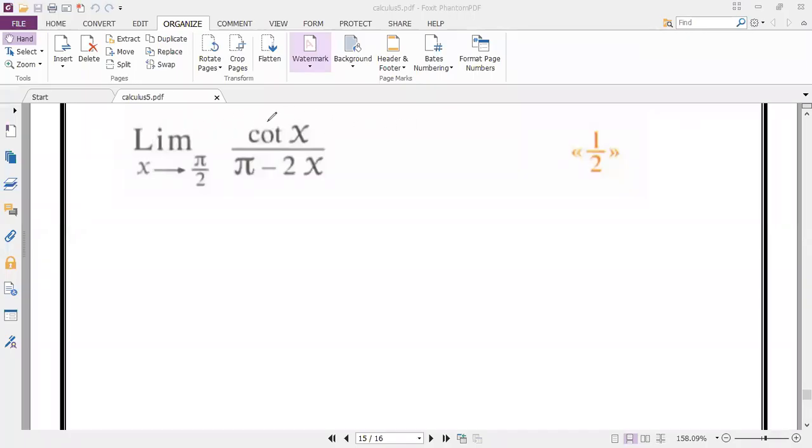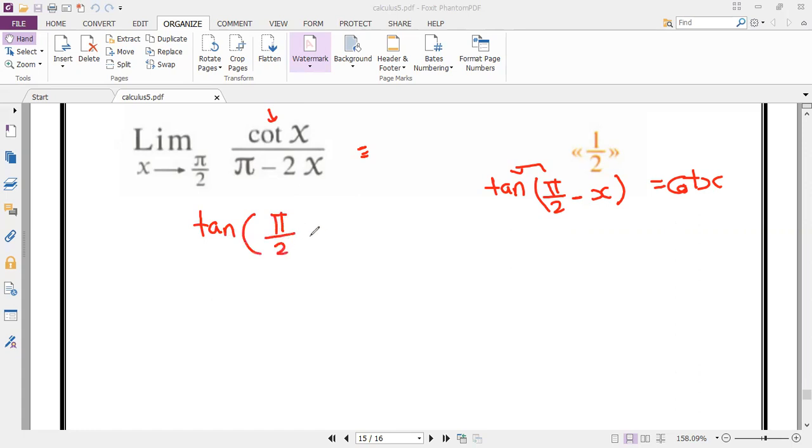I want to get the limit of cotan x divided by pi minus 2x. You know, tan of pi over 2 minus x, it's 90 minus x, and 90 changes tan to cotan. So instead of cotan x, we can write tan of pi over 2 minus x. They are the same.